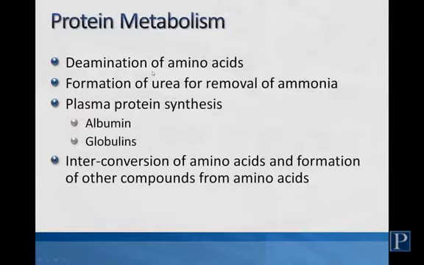In Biochem 2, you should also have learned about protein metabolism. The liver removes the amino group from amino acids. It will form urea to remove ammonia, because if you deaminate amino acids and you don't deal with it, it's not a good thing. You have to convert ammonia, which is very toxic, to urea.